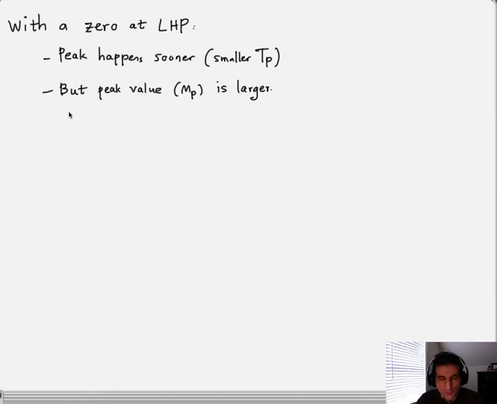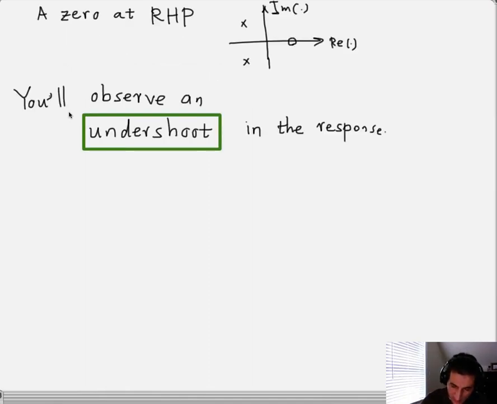So again, the conclusion we made was that with a 0 in the left half plane, meaning a simple 0 that is a negative number, -1, -2, -10, -50, the maximum peak of the response is going to happen sooner, meaning that your peak time is going to be smaller, but the value of the peak is going to be larger. And that's exactly what you saw in the exam.